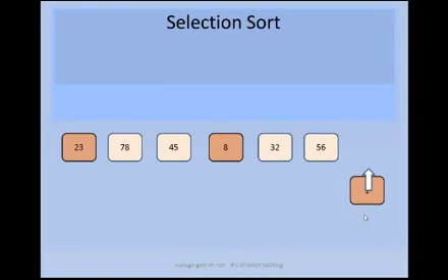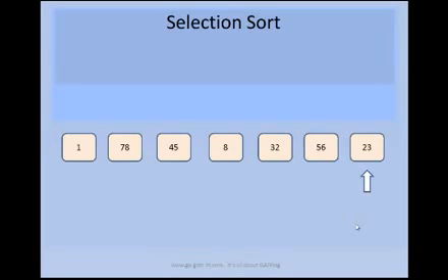We see that it is getting swapped with 23 in this way. So in this first iteration, 1 has been moved to the first position, its best place, and the rest of the elements are still in an unsorted sequence.